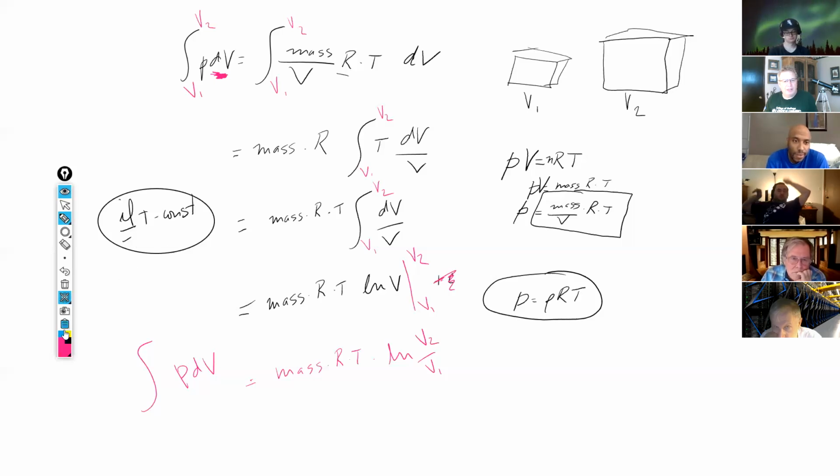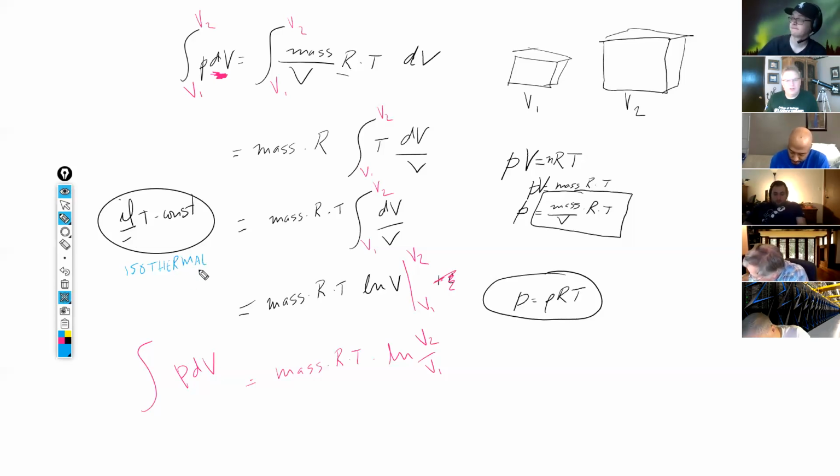Isothermal. I don't know why it's AL versus IC. It's just different. Thirty-some years of teaching, and I don't know the difference between IC and AL. I just know that that's the word. That's an isothermal process.